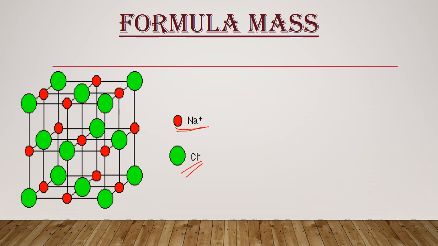Now, if you look at the arrangement of Na plus and Cl minus ions in the figure, every Na plus ion is surrounded by 6 Cl minus ions, and every Cl minus is surrounded by 6 Na plus ions. We don't see one Na plus and one Cl minus existing independently.